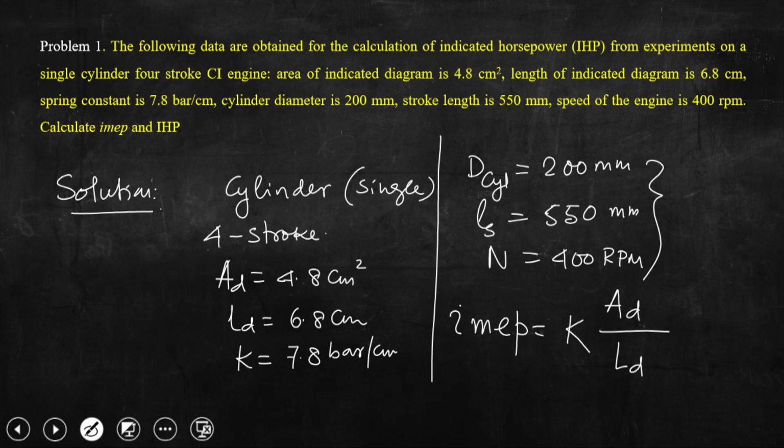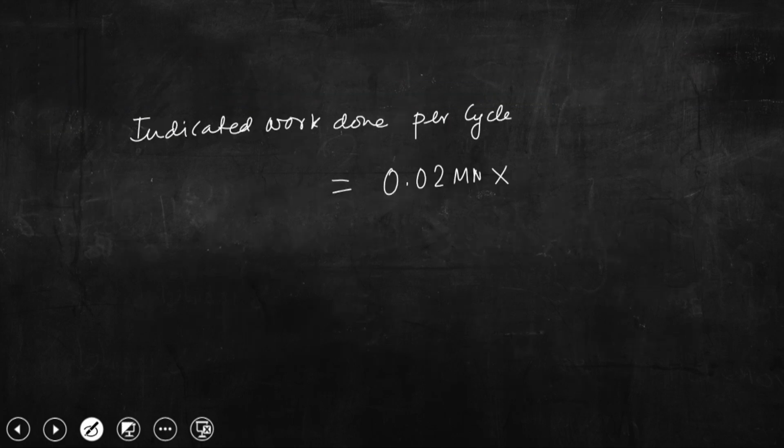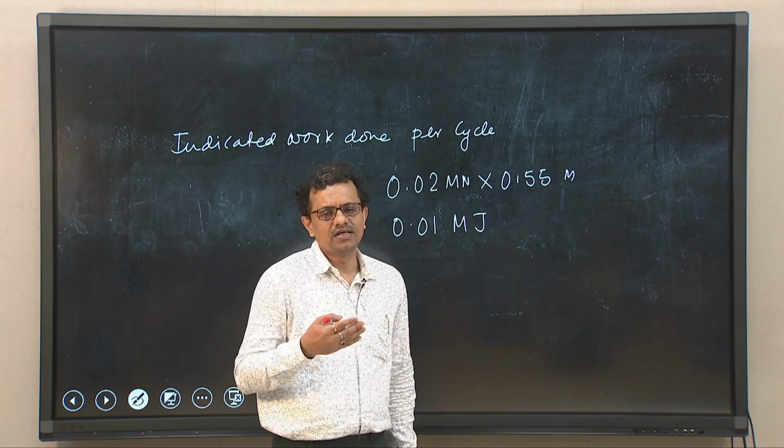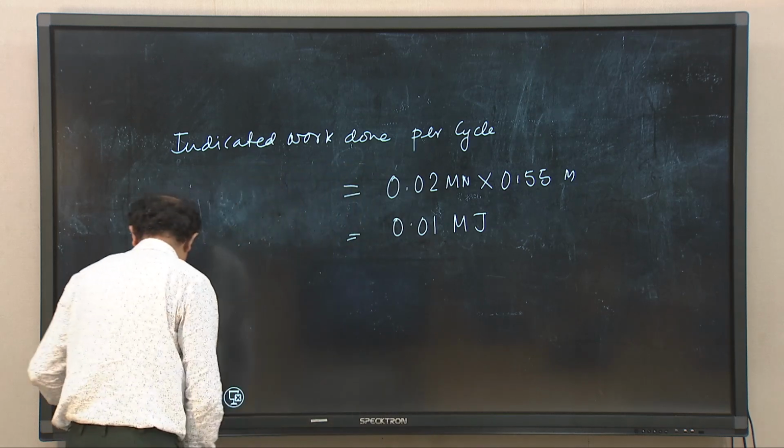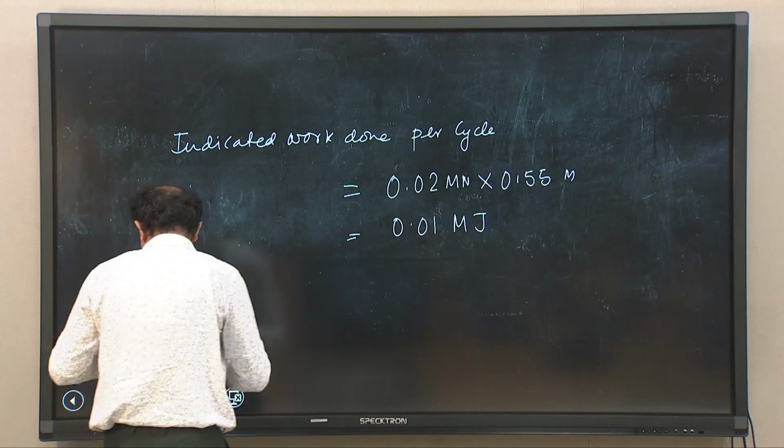Essentially the piston has to move between these two centers, and that is the stroke length. So, that is 0.55 meter. So, it would be 0.01 mega Newton meter, that is mega joule, since Newton meter is joule. So, that is the unit. You have to write units carefully, because otherwise you will come up with a wrong answer. So, this is the indicated work done per cycle.